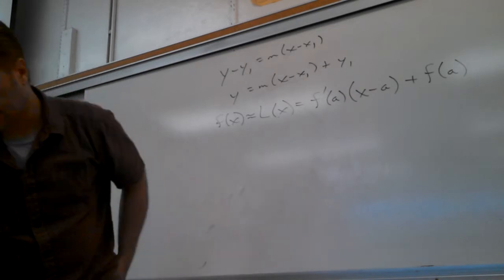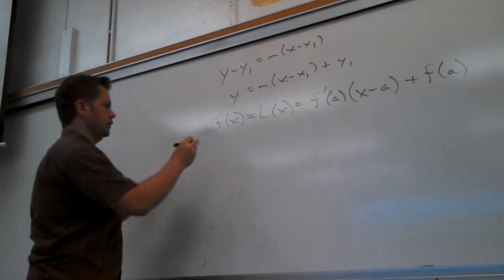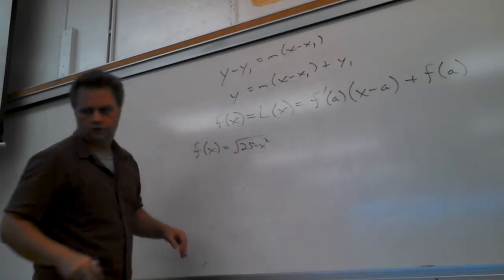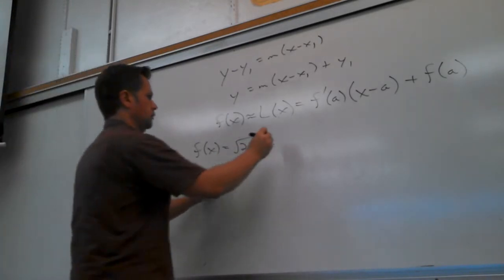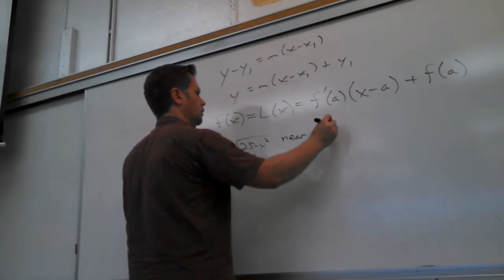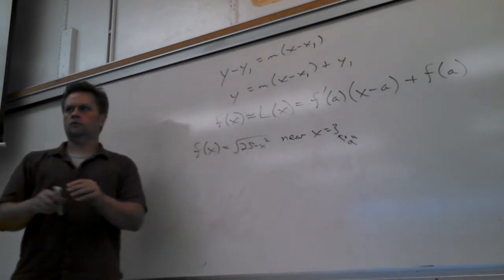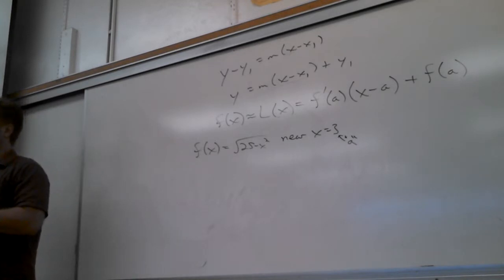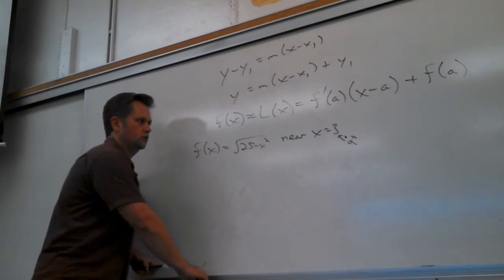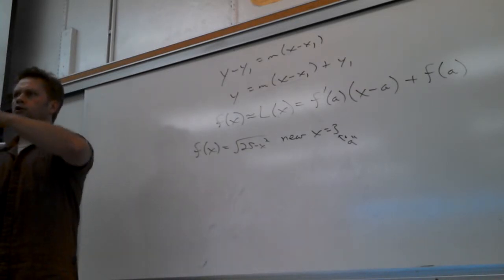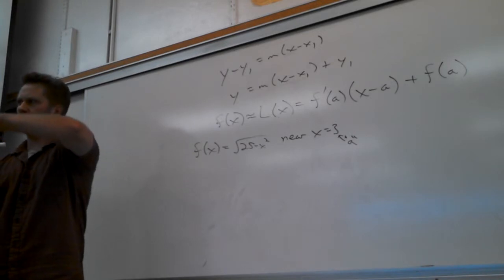So in this problem it says, find the linear approximation to this near 3. So this is my a value. It kind of makes sense. The idea of the tangent line, it should hug my function for a little bit.